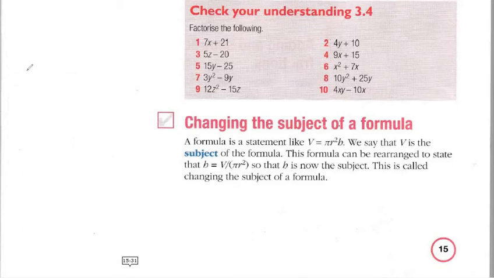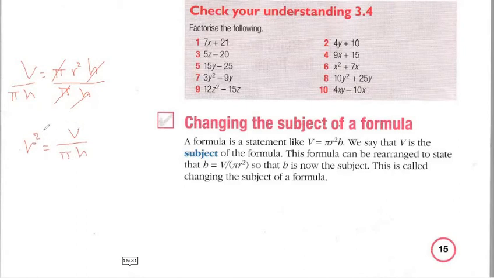What about if volume? Now we said pi r square h. Make r the subject. To make r the subject, divide both sides by pi h. Pi with pi, h with h. So r square equal V over pi h. But we want r, not r square.